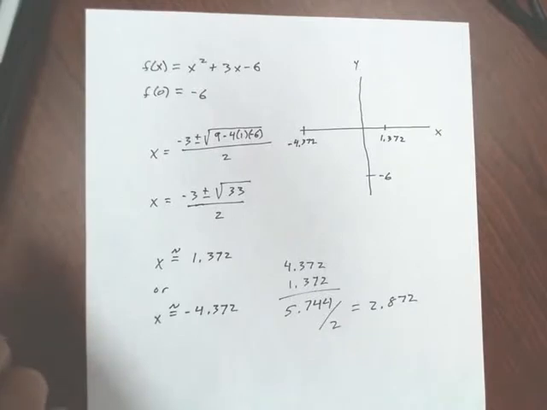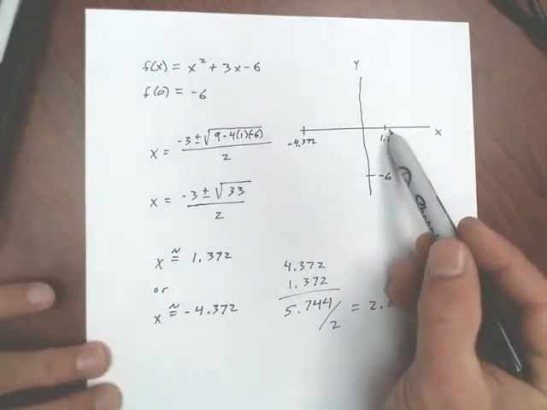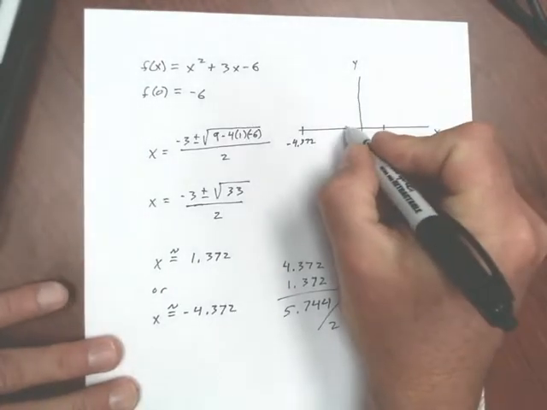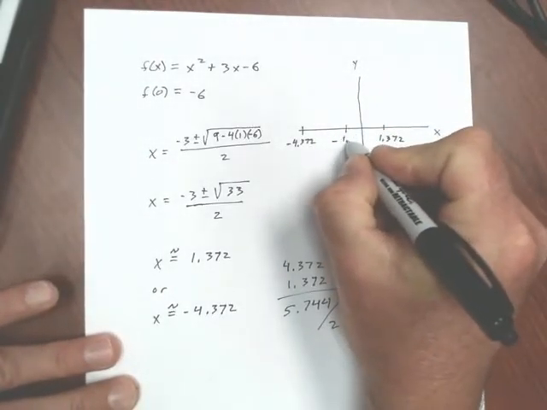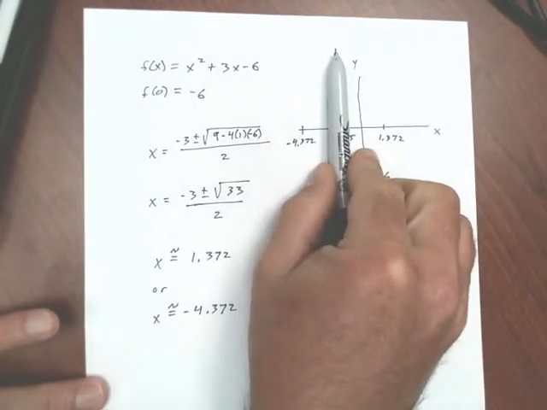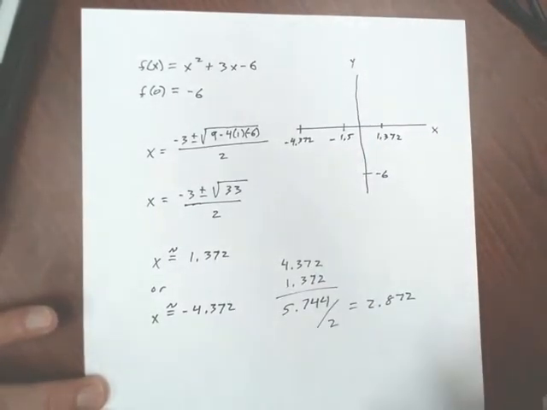So let's subtract it from here. So that gives us 1.372 minus 2.872. And that gives us negative 1.5. So the axis, the point right smack in the middle, is negative 1.5.